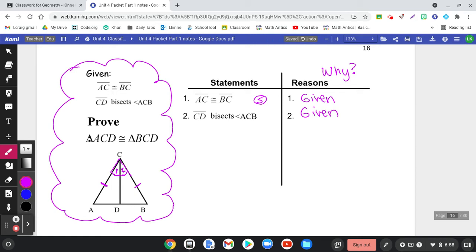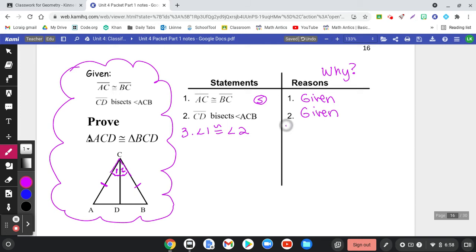So let's start there. I can say angle 1 is congruent to angle 2. Again, you could use the letters from the picture, but if you use the letters, the order is important. So if you say angle ACD, you have to go in the same order, BCD. All right, but you can just put a little 1 and 2 in there and use the 1 and 2.